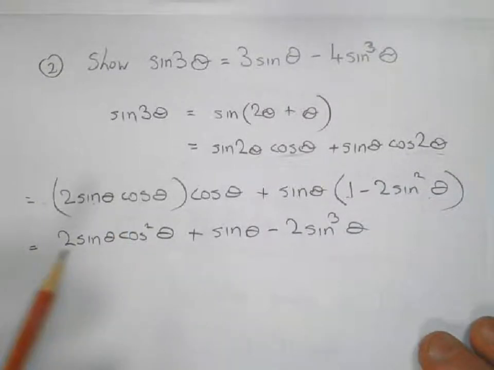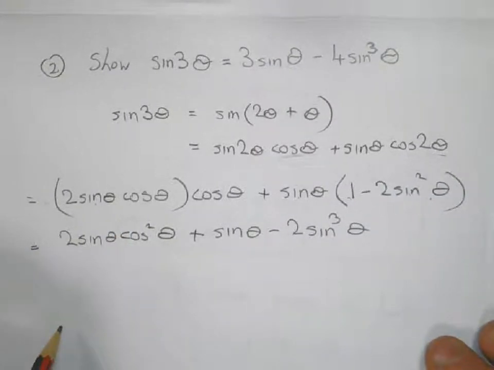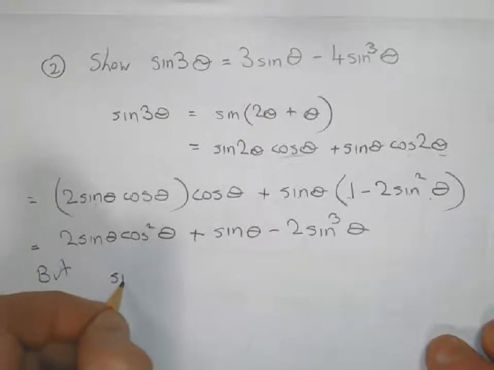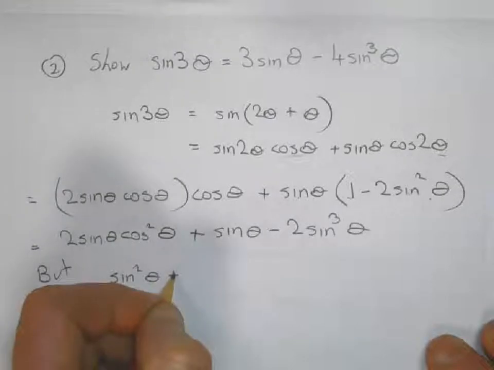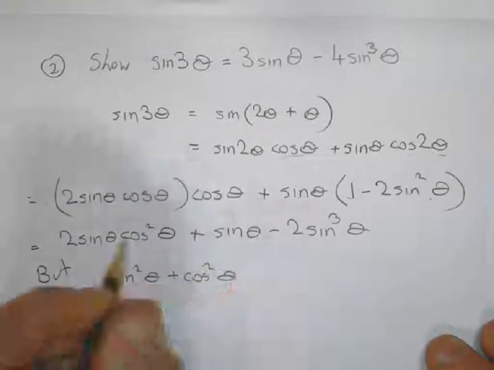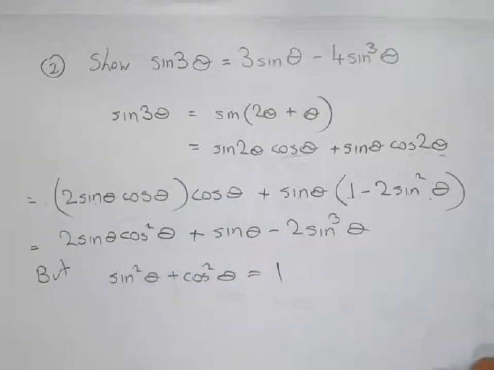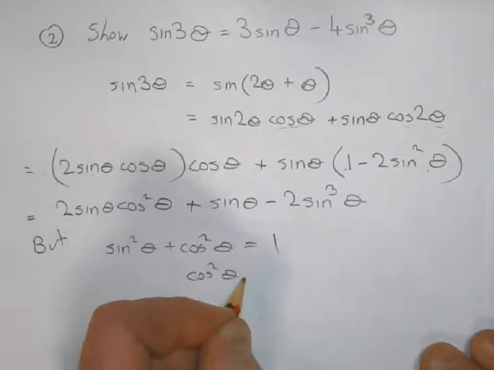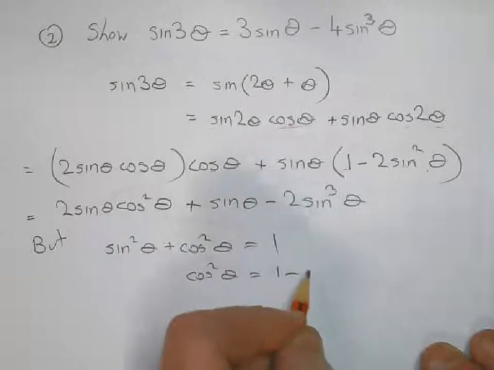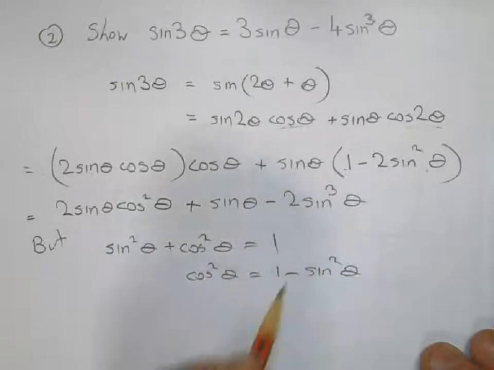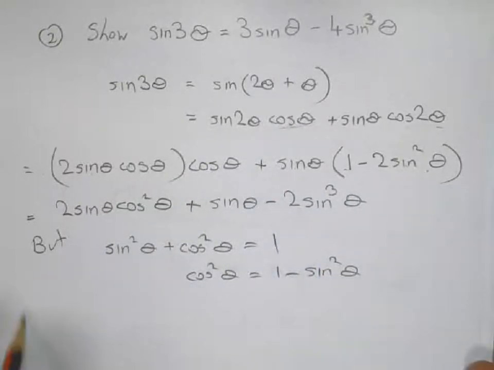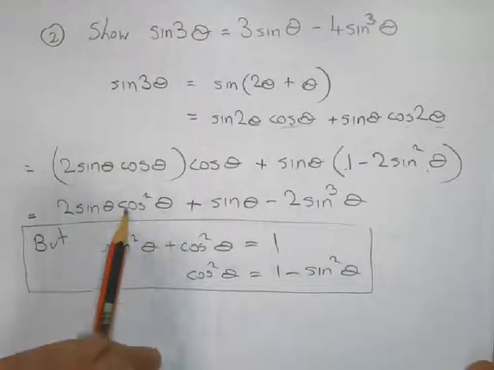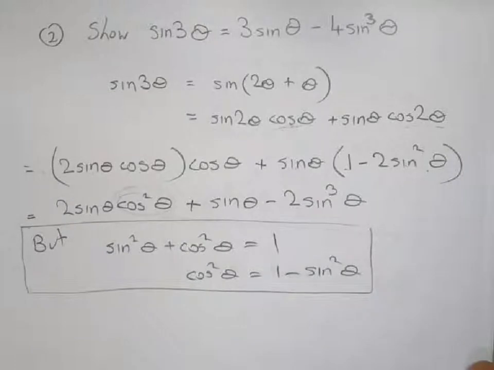Now, if you remember back to the days of Int 2, you were told that sine squared theta plus cos squared theta equals 1, which means we can rewrite that as cos squared theta is equal to 1 minus sine squared theta. So we can use this here to replace that cos squared theta and get it in terms of sine squared theta.